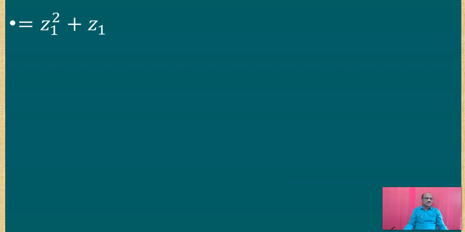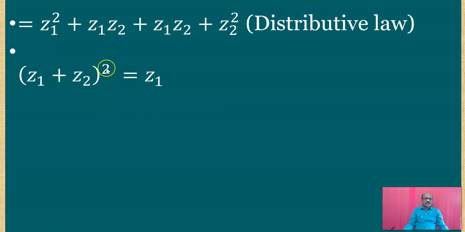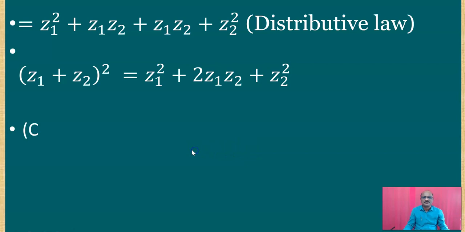Then you will get z1 square plus z1 into z2 plus z1 into z2 plus z2 square, using the distributive law, and hence z1 plus z2 whole square is equal to z1 square plus 2 times z1 into z2 plus z2 square.